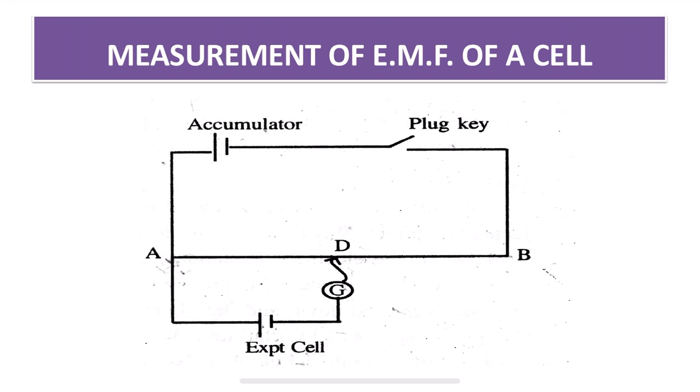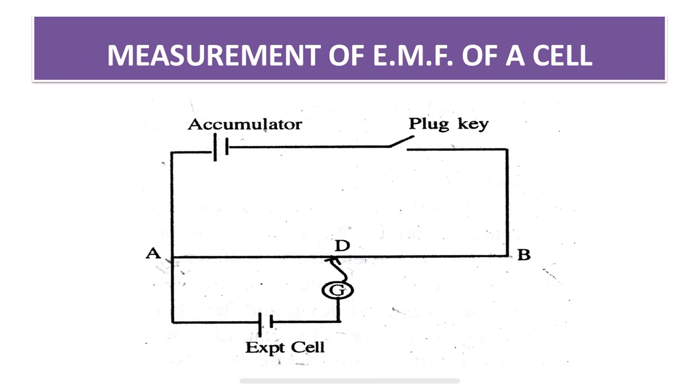In the secondary circuit, the positive terminal of the Weston cadmium cell is connected to A end. The negative terminal is connected to the sliding contact through a galvanometer. So this is a galvanometer. The accumulator and the standard cell are introduced into the circuit.